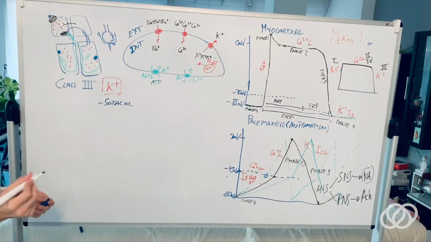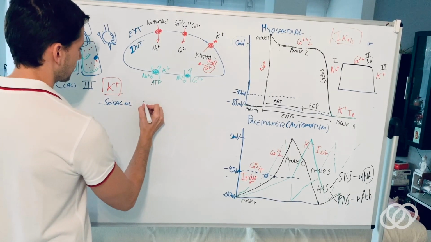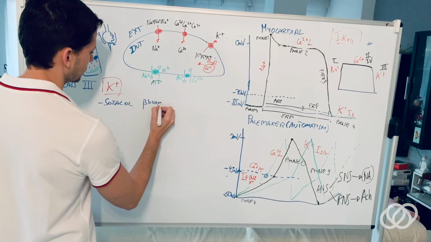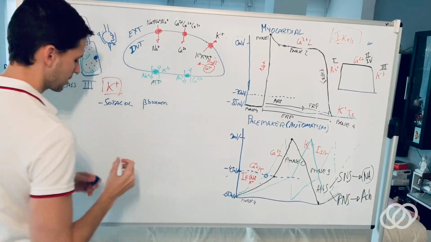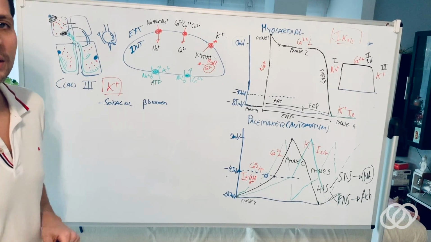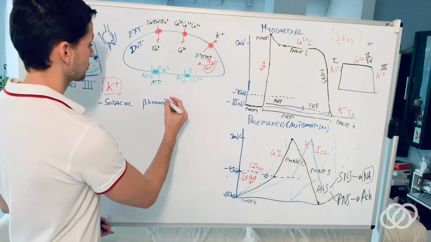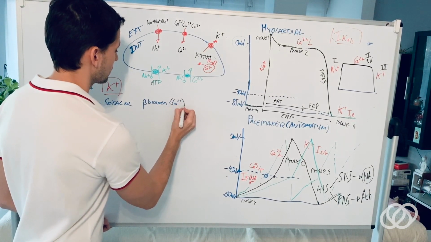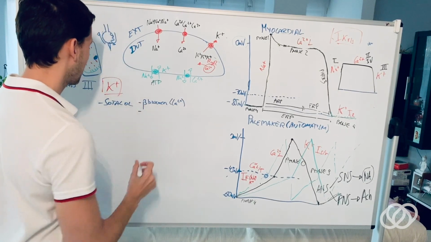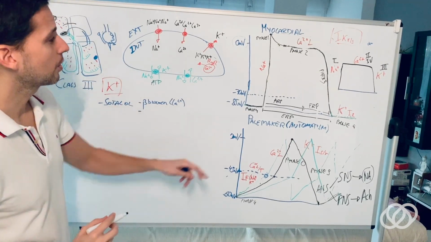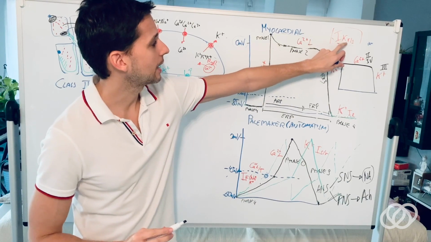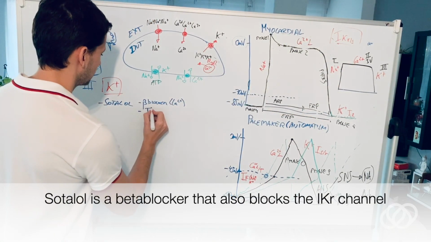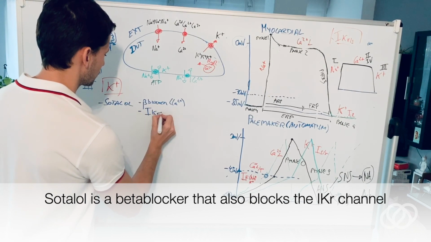Sotalol is a beta blocker, so we can apply the same rules as we mentioned with the class 2 drugs, because it also blocks the calcium. But sotalol also blocks this IKr channel.